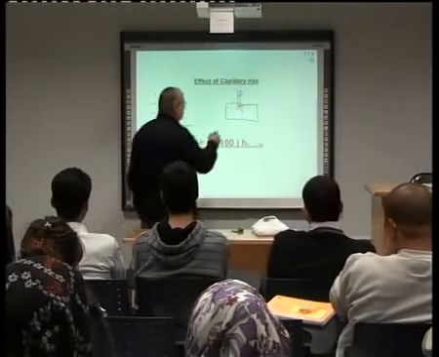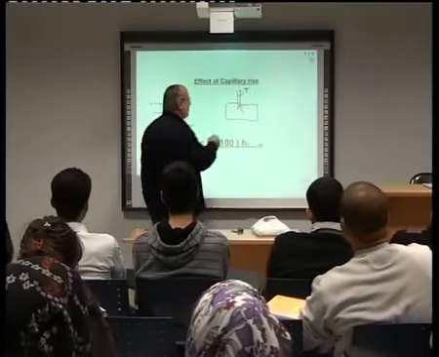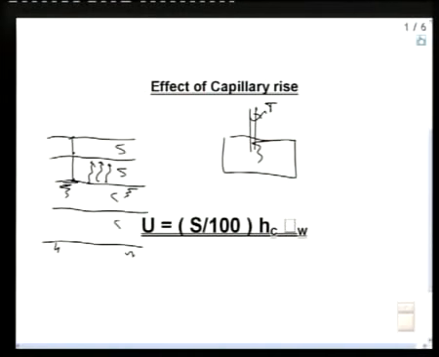This capillary force or tension force, T, depends on several things, including angle alpha, the diameter of the tube, and how much water we have here. These are all factors affecting how high the water will rise in the tube.